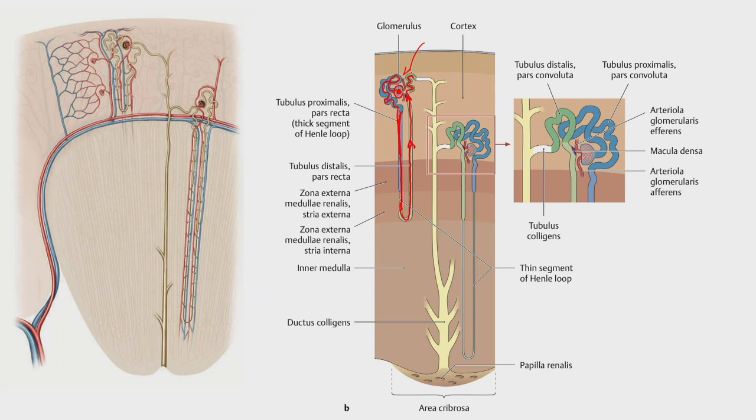And here is a convoluted distal part of a loop, and here the small tube is then fused with other one, and here we have a definitive urine.